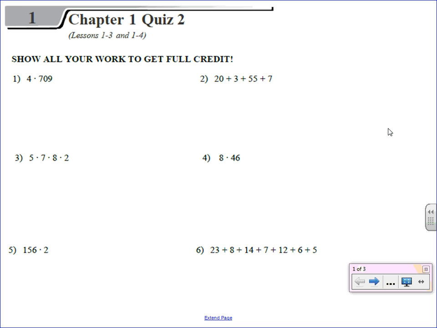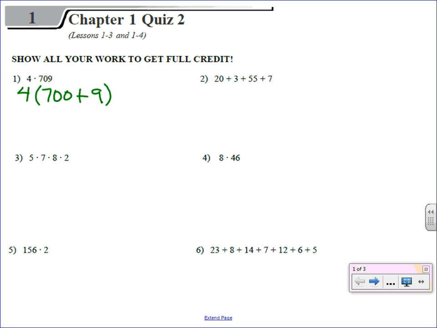In number 1, it's going to be a distributive property problem. We're going to think about 709 in a little bit different way, and there's several ways that you could do this. One way would be to say that 709 was 700 plus 9.